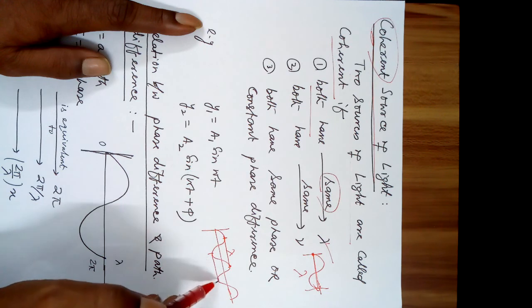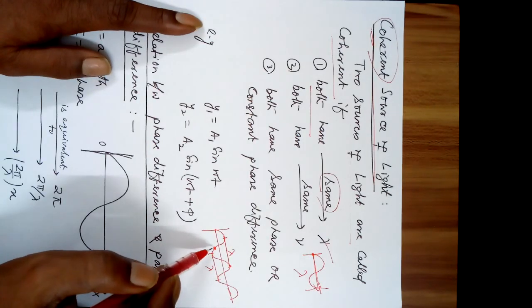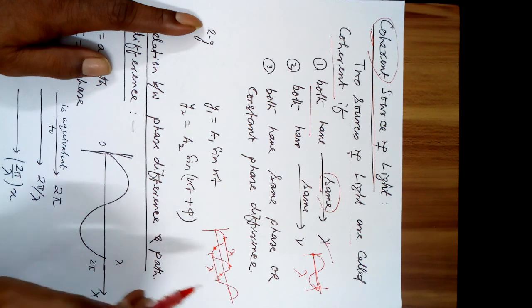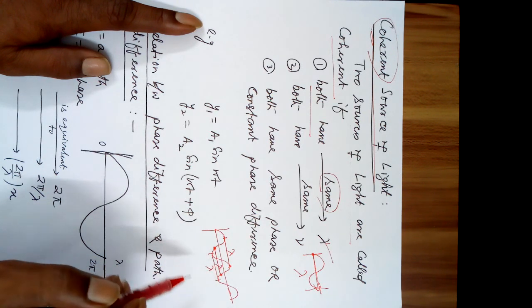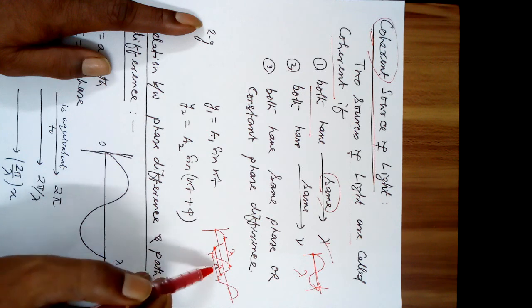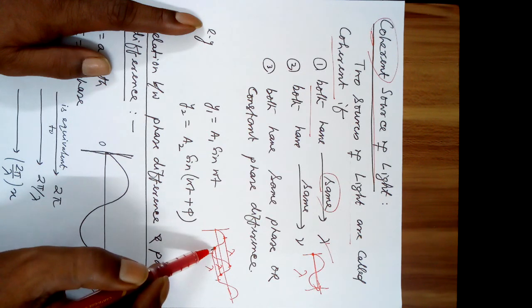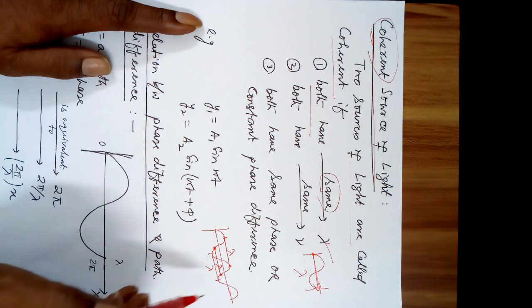From this point to this point is also lambda. This means this point and this point are identical in phase. So it is the distance between one particle and the very next particle which is identical in the state of vibration. That distance is called lambda.